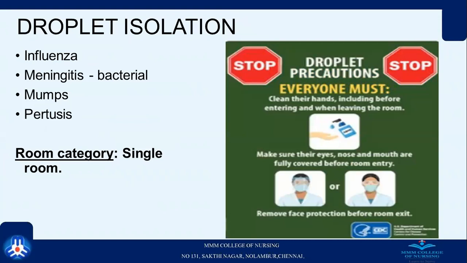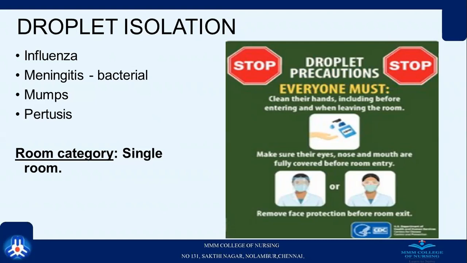For droplet isolation, again the room required is preferably a single room. The cases that can be treated under droplet isolation are influenza, meningitis, mumps, and pertussis. What are the precautions for droplet infection? First and foremost, clean the hands before entering and whenever leaving the room.